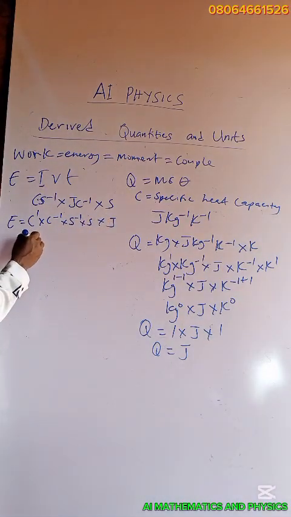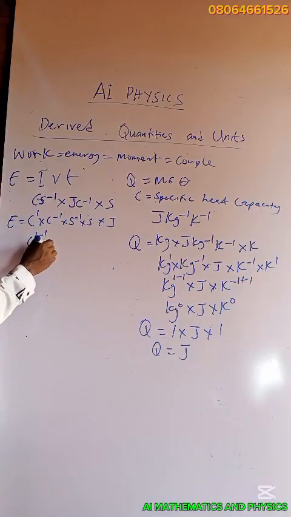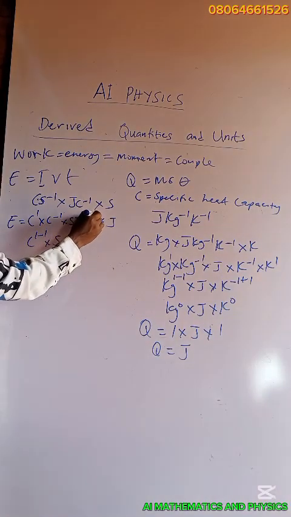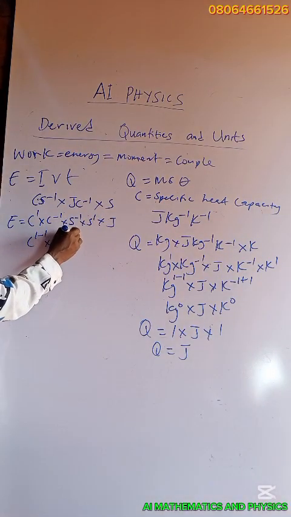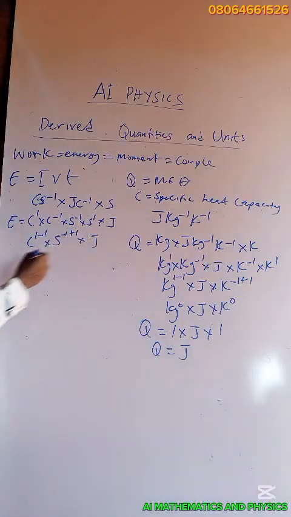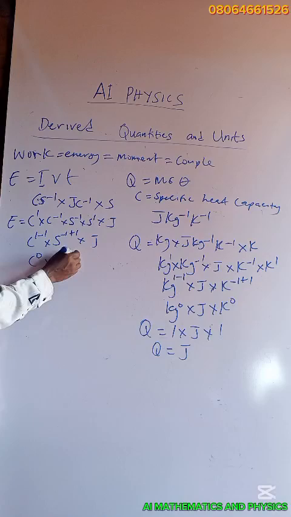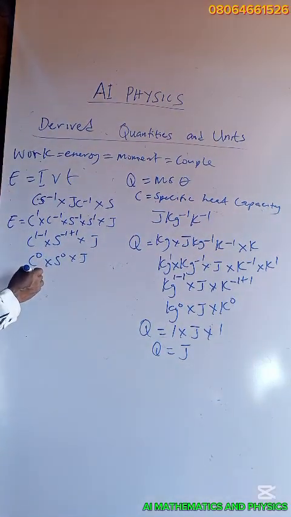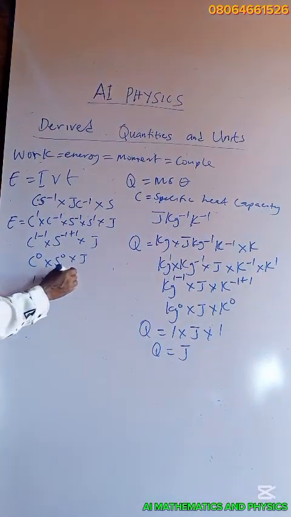That is coulomb raised to 0 times second raised to 0 times joule, which means 1 times 1 times joule.